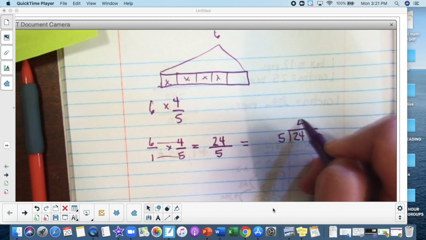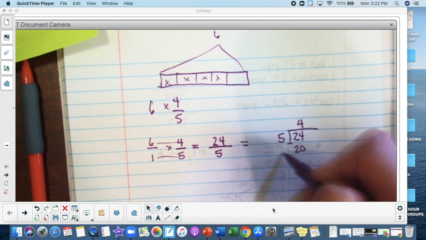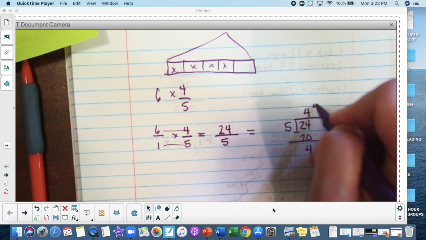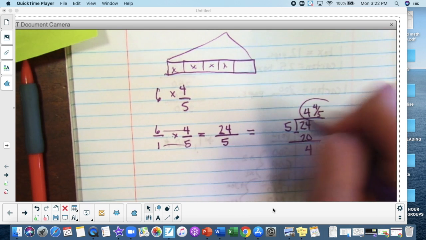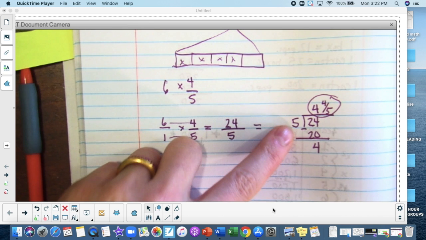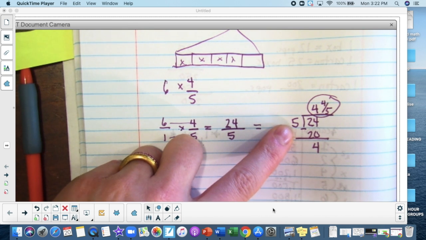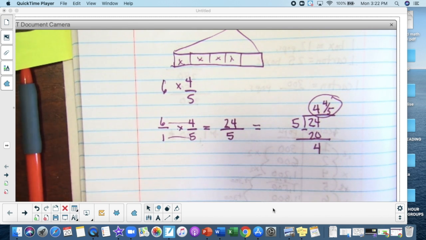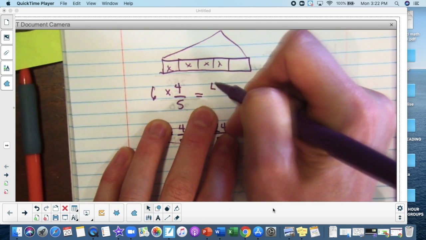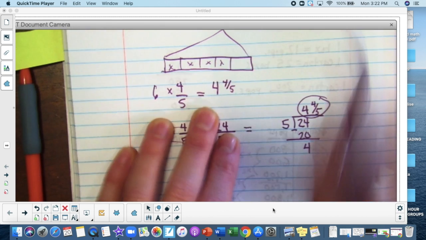That's too much. 5 times 4 is 20, and it gives me a 4. So I have 4 and 4 fifths. I'm not going to say remainder anymore because I know that this number continues to be divided by my divisor. So my answer for 6 times 4/5 is equivalent to 4 and 4/5.